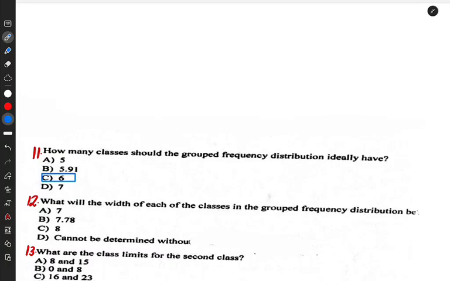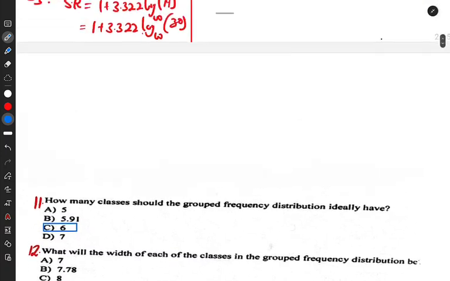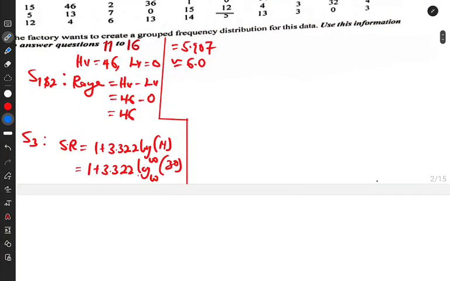So whenever we are talking about the width, we are actually looking at the class size. So the class size is the next step, step 4. This is the number of classes that you have found as Sturges' rule. So class width or class size being step 4.